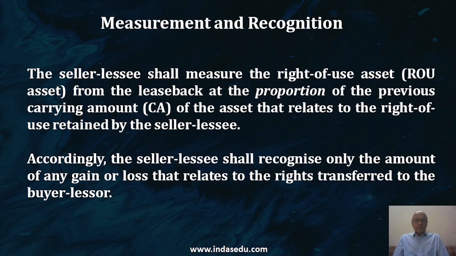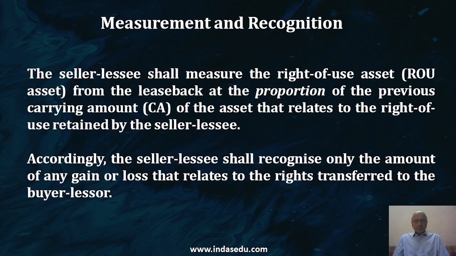I repeat, we see what proportion the lease liability is of the fair value of the asset. If the lease liability is 80% of the fair value, right of use retained is 80% of the previous carrying amount of the asset.